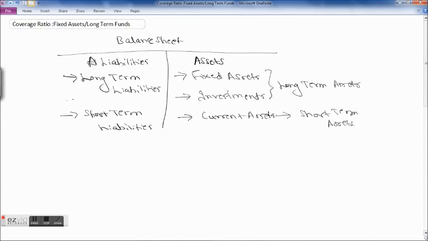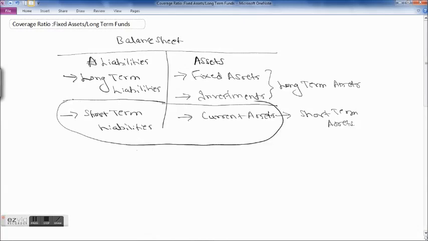Now ideally speaking, your long-term liabilities should be able to fund your long-term assets, and your short-term liabilities should be able to fund your short-term assets.